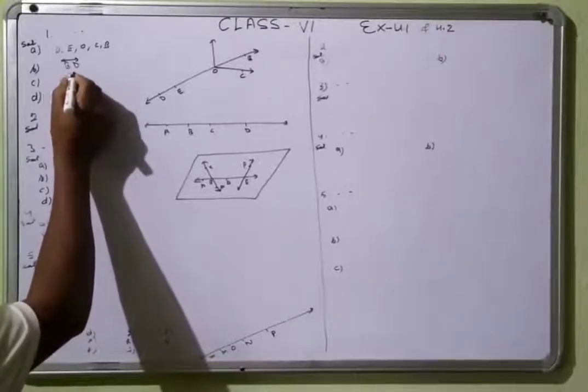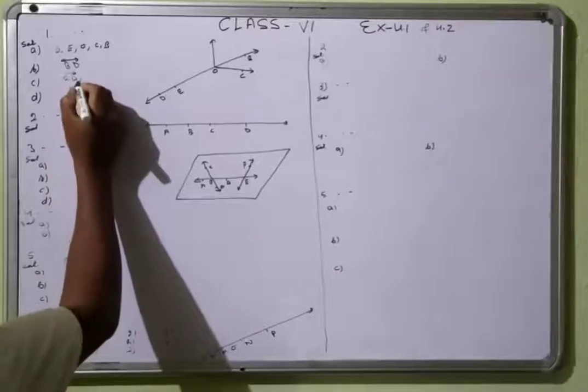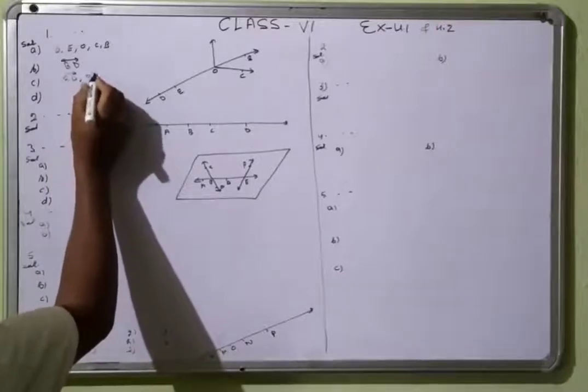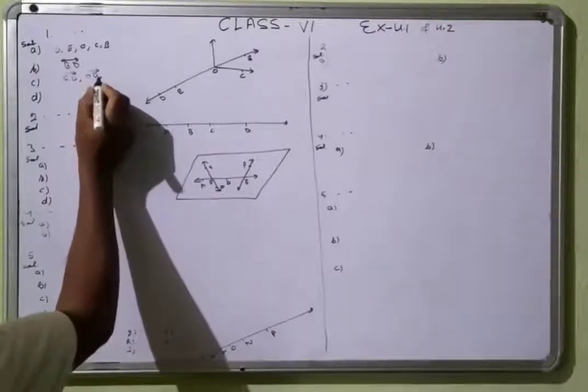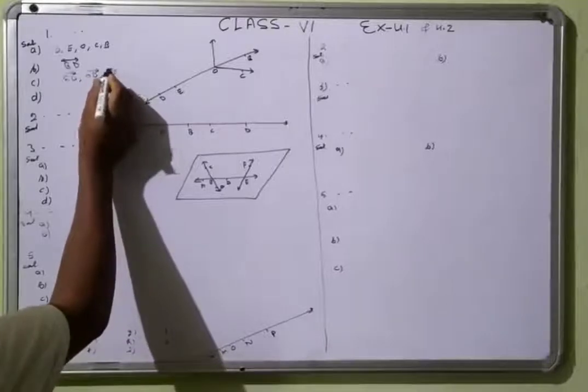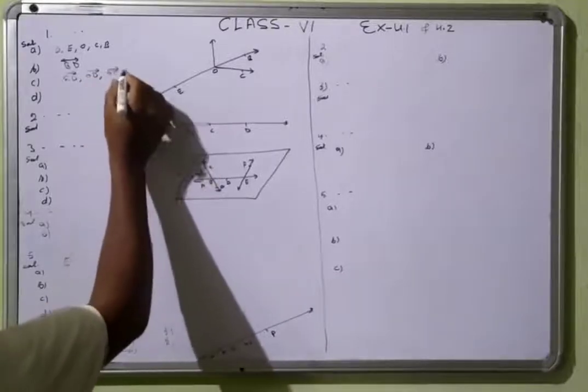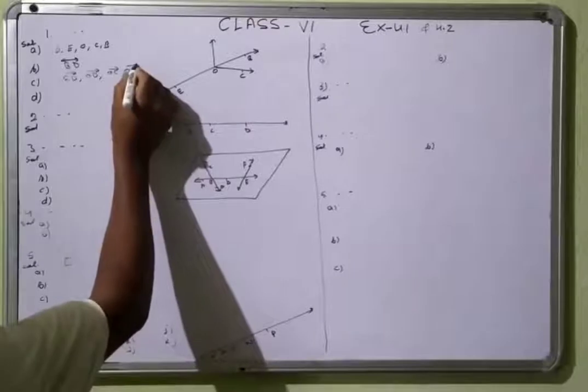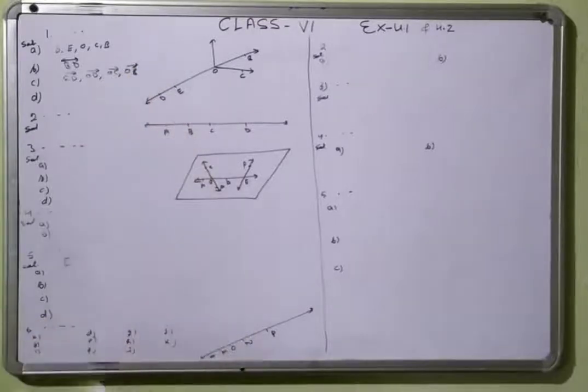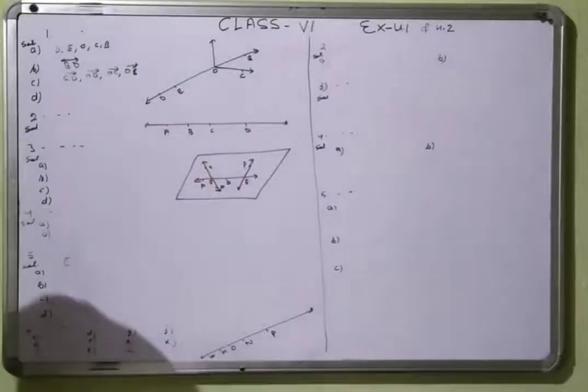ED is a ray, OD is also a ray, OC is also a ray, OB is also a ray. Many more rays are also there.